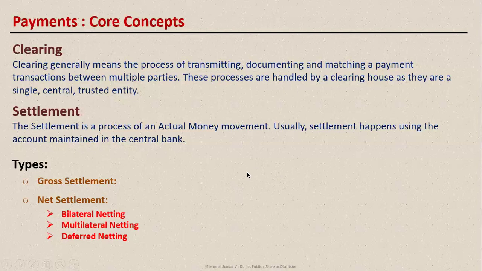For example, HDFC is sending 1,000 rupees to ICICI, and 2,000 rupees to Axis, and 3,000 rupees to Kotak. So HDFC has 3 entries, and 1,000, 2,000, 3,000 are the amounts. Like that, now ICICI is sending 500 rupees to HDFC. Again, let's say Axis is also sending 500 rupees to HDFC.